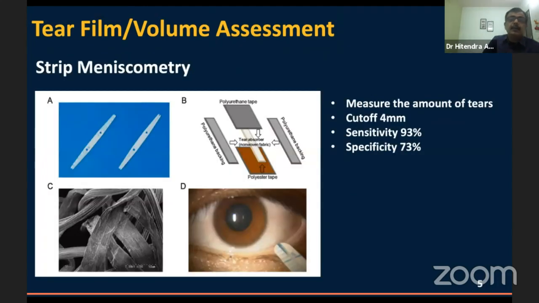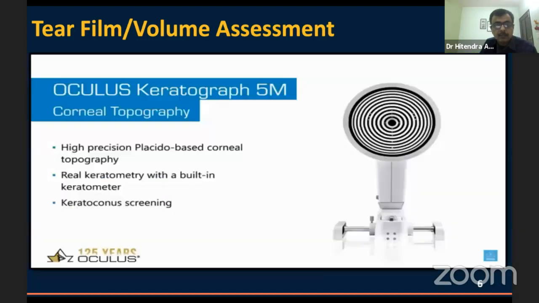Another way to study this volume is strip meniscometry, which measures the amount of tears, and the cutoff is 4 mm. It also has a good sensitivity and specificity. Basically, it has a polyurethane backing and a tear-absorbing non-woven fabric, and it doesn't really touch the conjunctiva to test the tear volume.